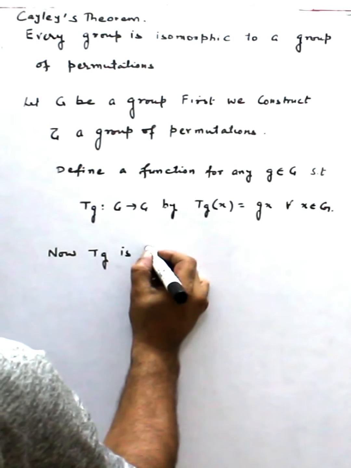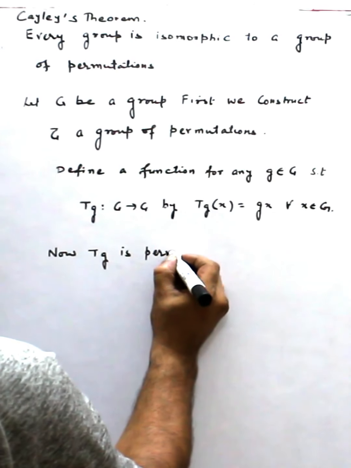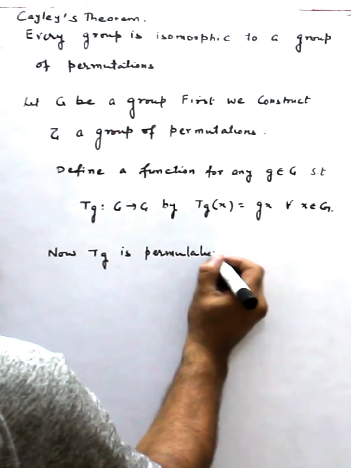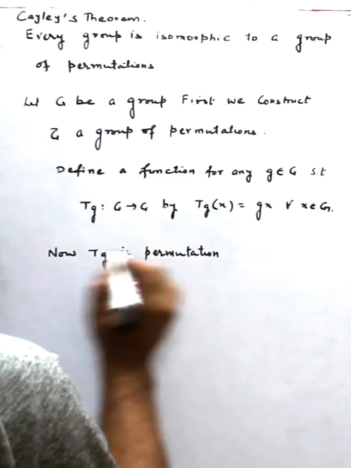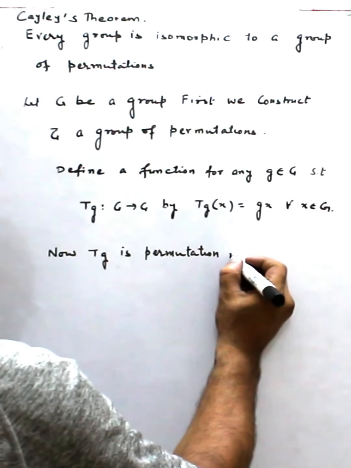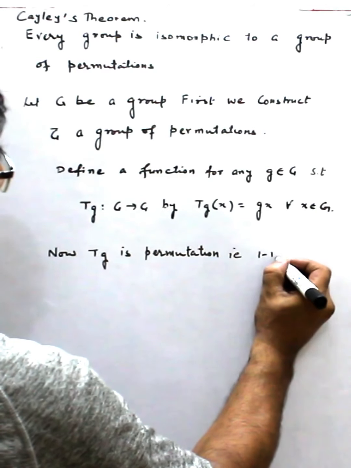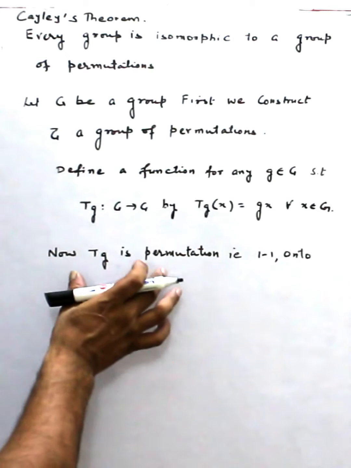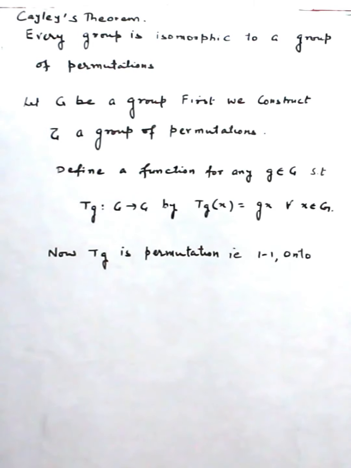Now we show Tg is a permutation. What is the definition of permutation? It is one-one onto. A permutation is a mapping which is one-one onto the set itself.